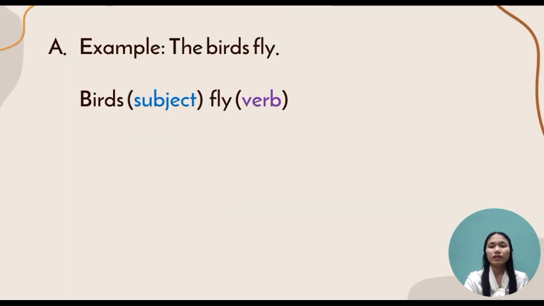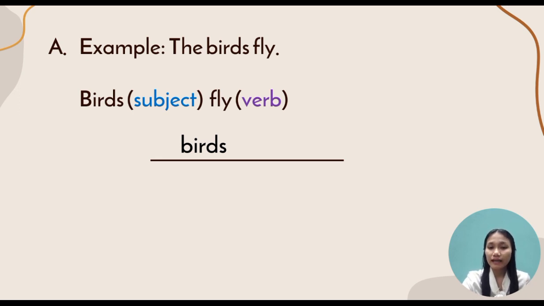For example, the birds fly. Birds is our subject and fly is our verb. First, to write our subject, we draw a horizontal line. Always remember that the subject should be written on the left corner of our diagram. To separate our subject and our verb, we draw a vertical line overpassing our horizontal line.